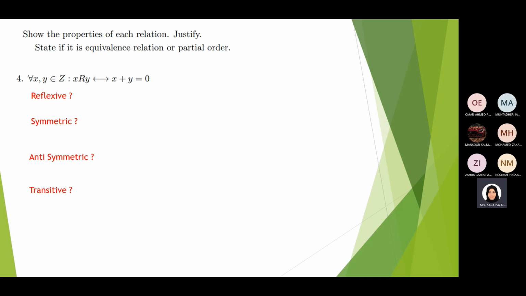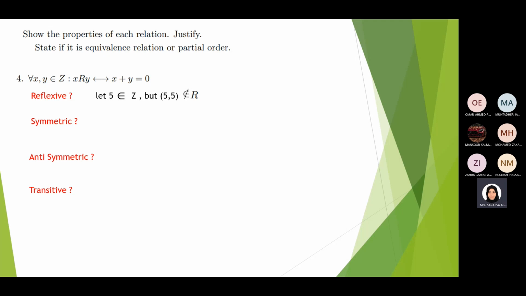If I take a number with itself, will I get 0 for every element in Z? No, so it is not reflexive. You have to give a counterexample: 5, 5, 6, 6, minus 1, minus 1. The only number that I add to itself to get 0 is 0. So here you have an infinite number of counterexamples.